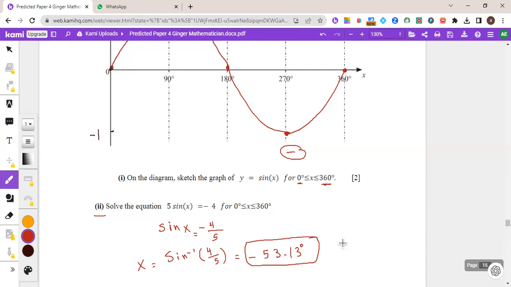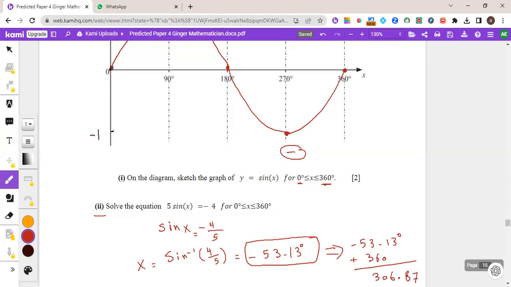But they want like 2 angles. So it will be 306.87, negative 53.13 plus 360 equals what? 306.87. Yes, point 87, not 37.